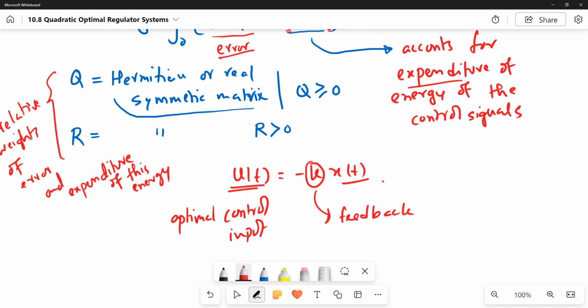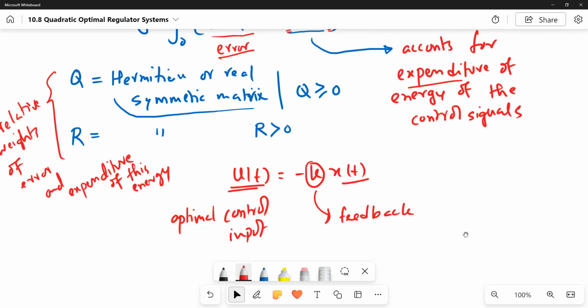Now we are also given some constraints or some optimization to do, maybe reducing the input energy or reducing the error. Based on those, we have to pick a specific value of the gain K that will give us the minimized value of the cost function or performance index.